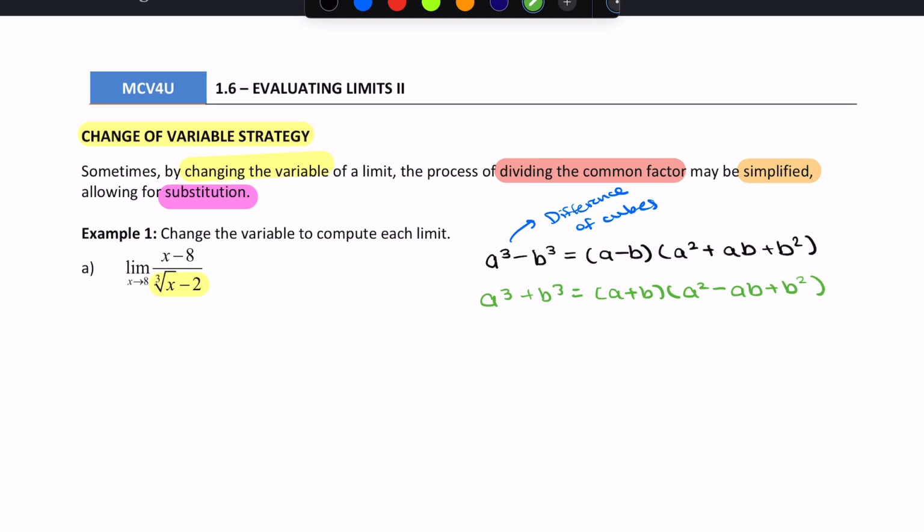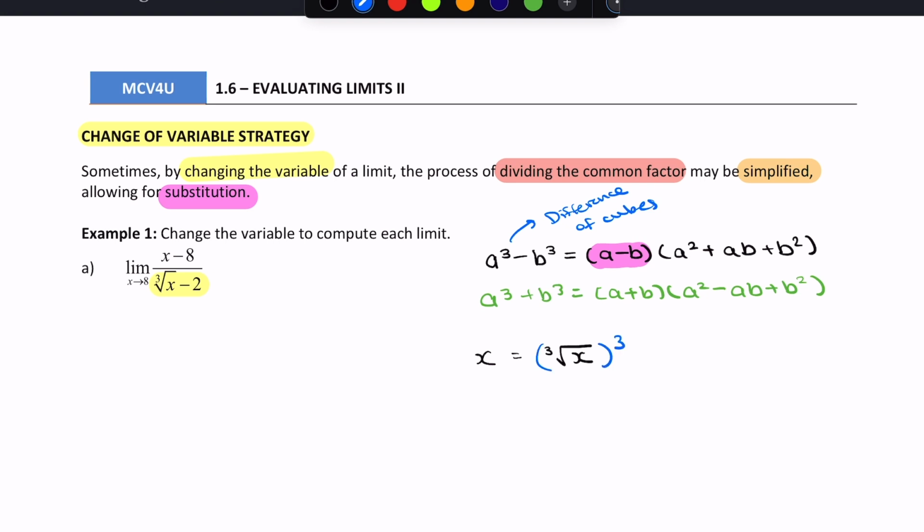Okay, so if we start here, x is currently equal to the cube root of x. But if we're trying to create the first part of the difference of cubes, then we're going to have to cube this.